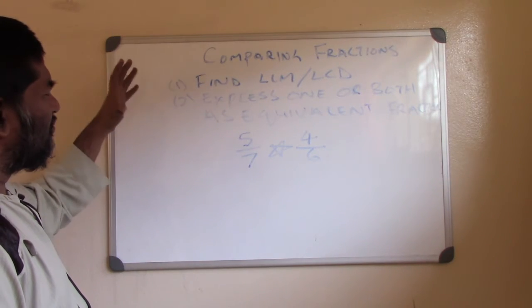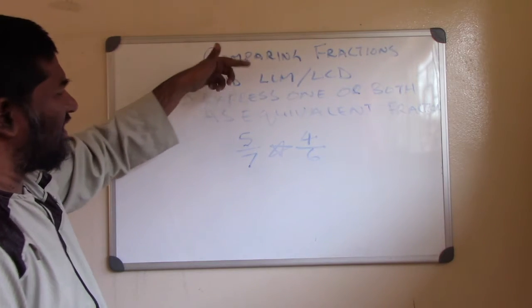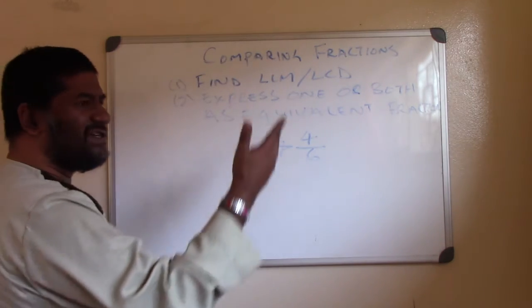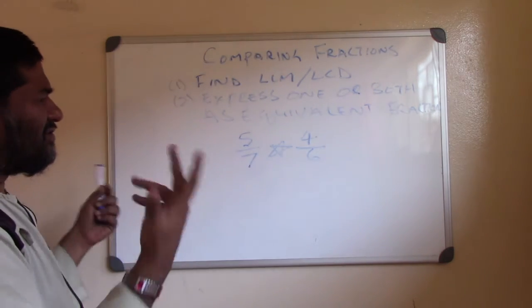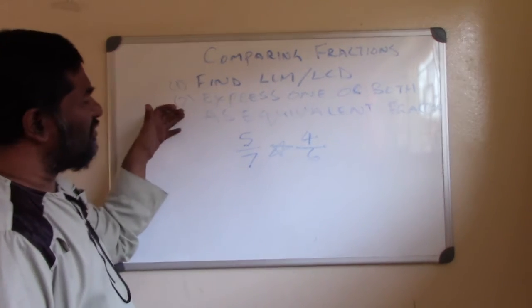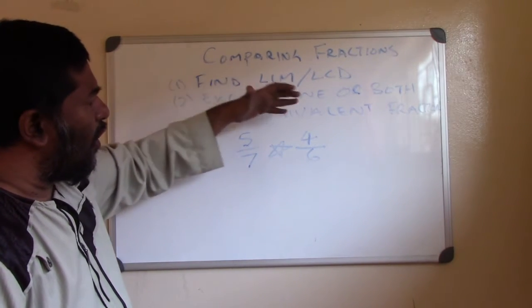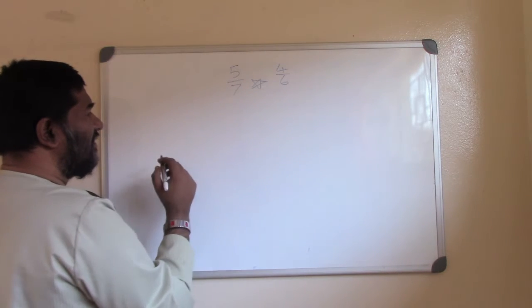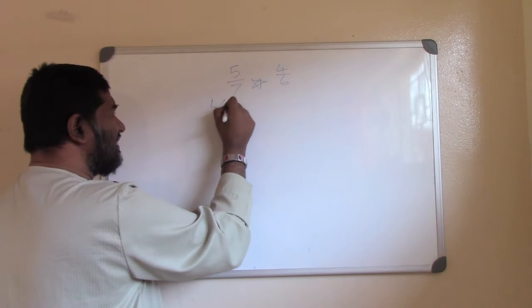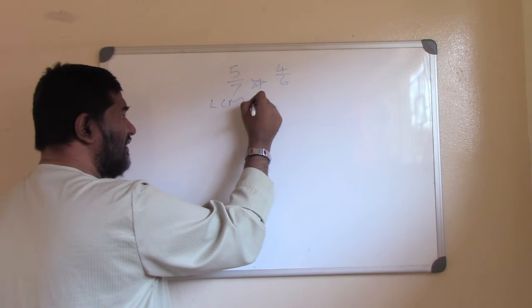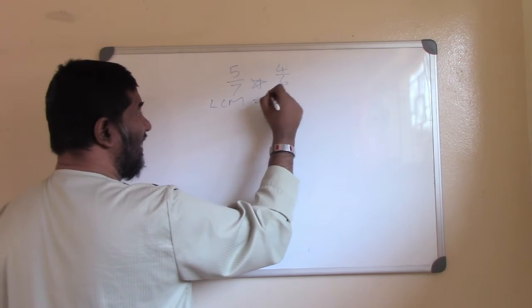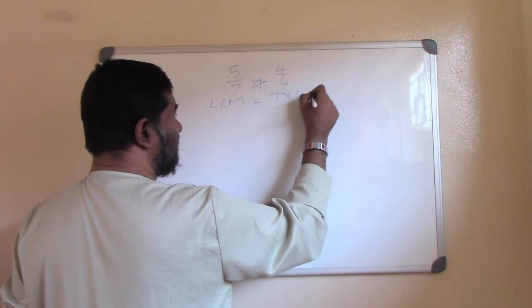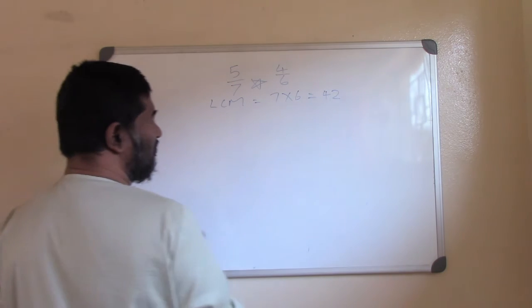Comparing fractions. There are two rules here. Number one, we'll find the LCM or LCD. Different countries would say it differently, but it means the same thing. The second rule is express one or both as equivalent fractions. 5 over 7 compared with 4 over 6. I'll find my LCM of 7 and 6, so it will be 7 times 6, which is equal to 42.